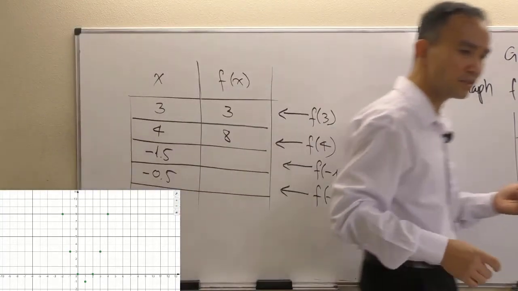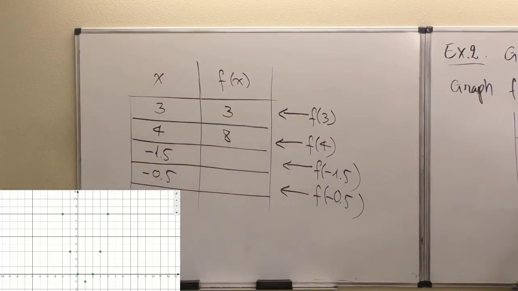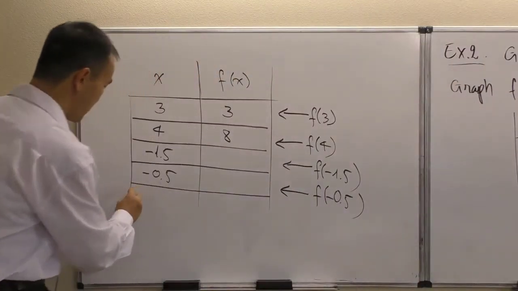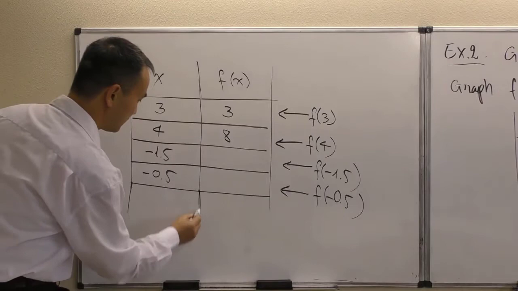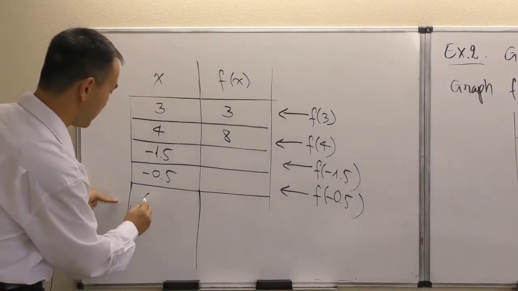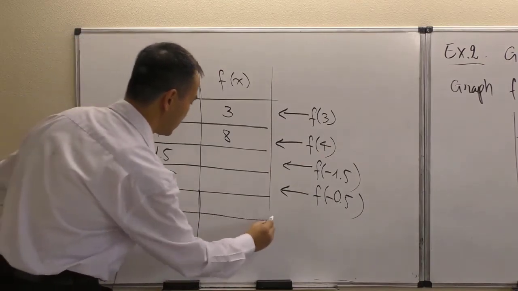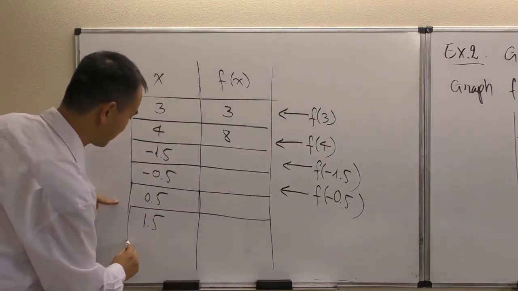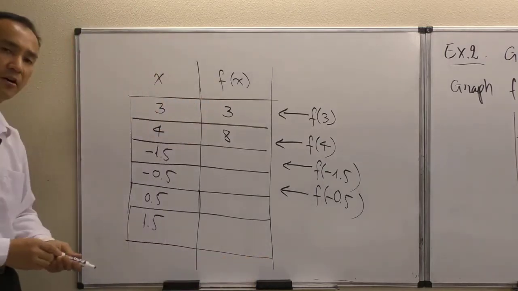So let me put this graphing space away so that you can see more of my board right here. Then we can put in +0.5, okay, we can put in a 1.5. We can put in all of those values in there.